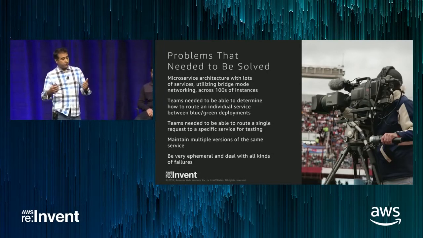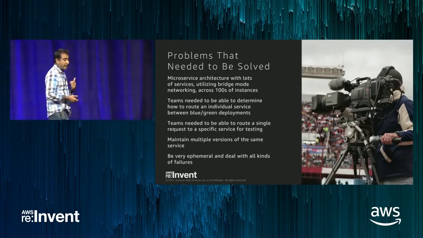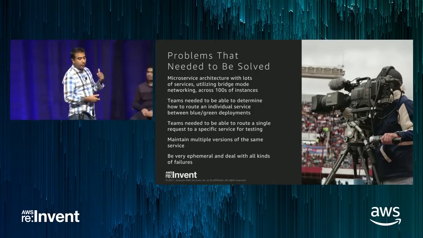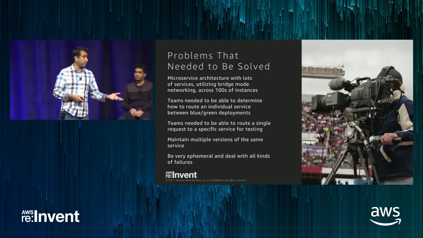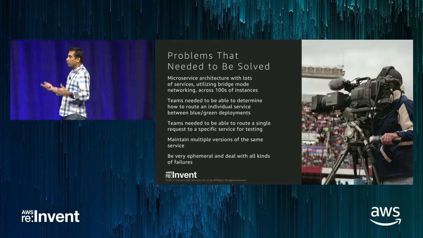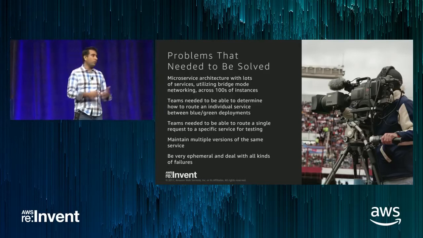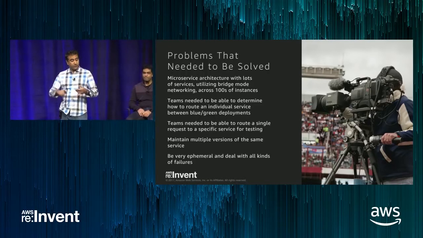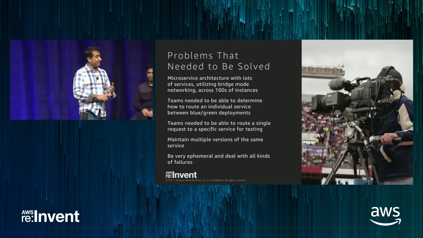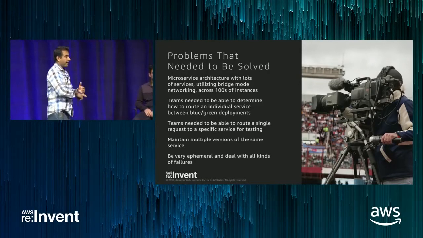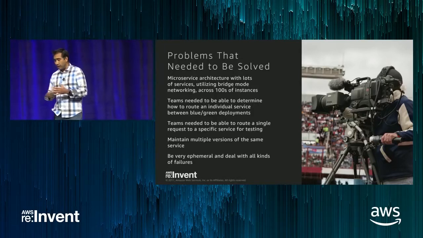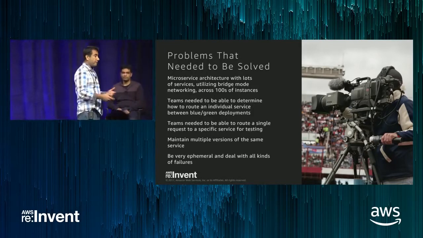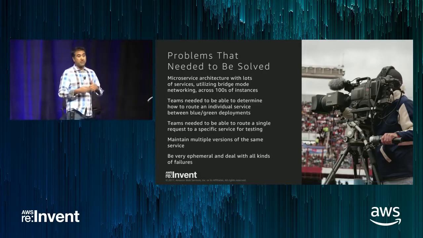Some of the other challenges were that teams needed to be able to determine how to route an individual service between a blue, green, purple, orange, red, what have you, deployment. We also needed to be able to route a single request anywhere through the stack to a specific service, maybe for testing, or for some type of feature.